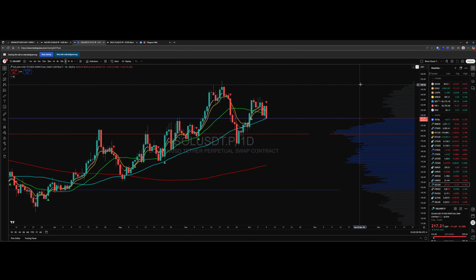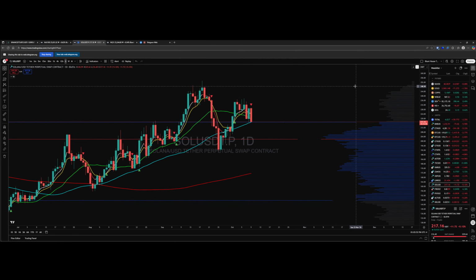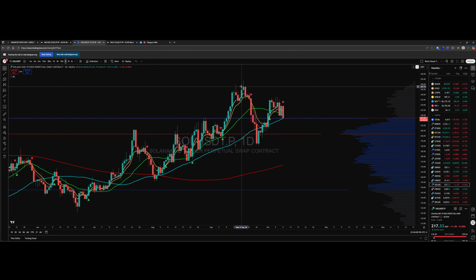Here you're producing a sell signal on Solana. And if you were thinking of shorting the Solana chart, what do you notice here? Here's your high, your top, and up here is your lower high. So you're already thinking that, hey, this could melt a little bit.